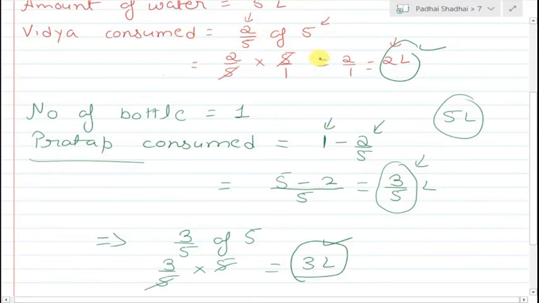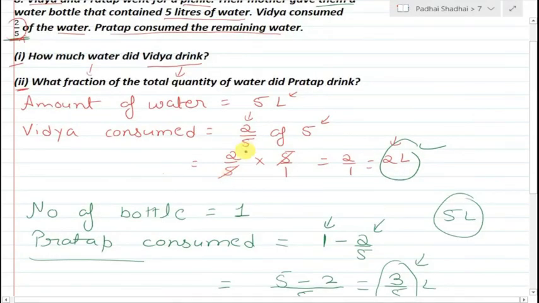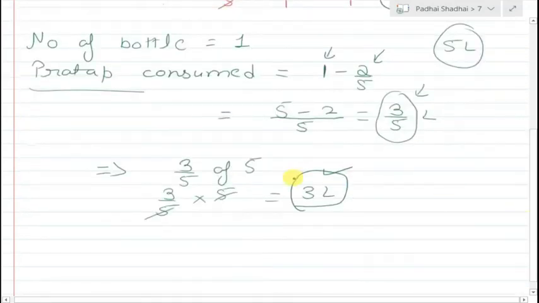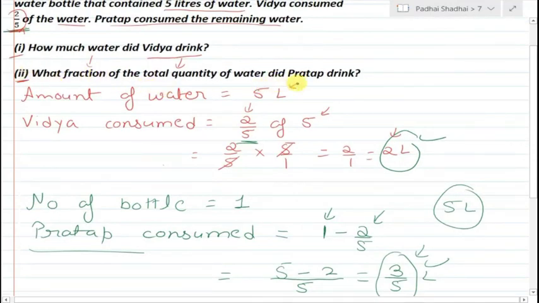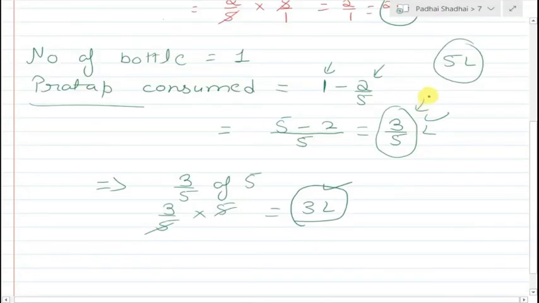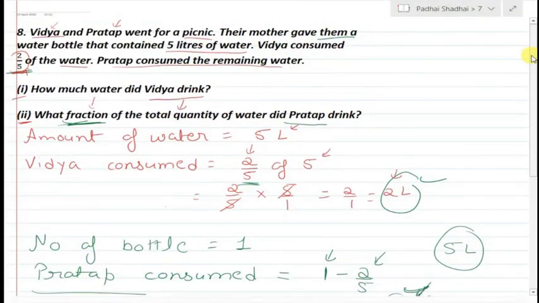We can get both the answers beta in a different method also. Don't worry, you must get the final answer correctly. Here I am just showing you the method I have done. The fraction is 3 by 5 and the amount is 3 liters.